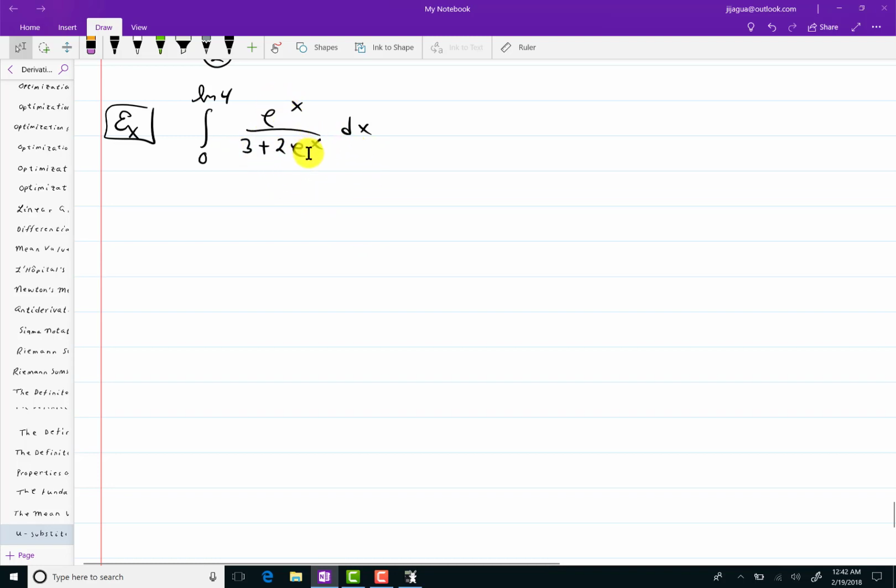This e to the x will still be around, but e to the x is part of the derivative as well, so that's perfect. So if I let u equal 3 plus 2e to the x, du will equal, the 3 will go away, and I'll get 2e to the x dx. Of course, that 2 in the front is no big deal. I can easily handle that by dividing by it.